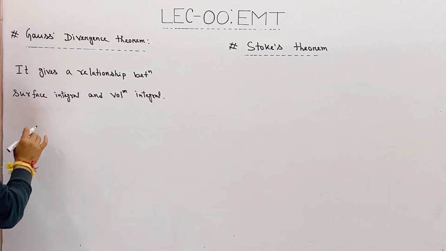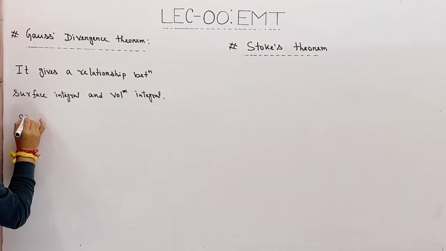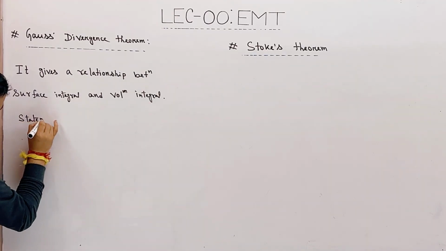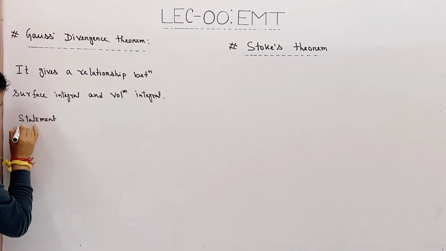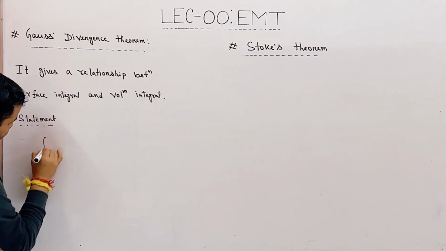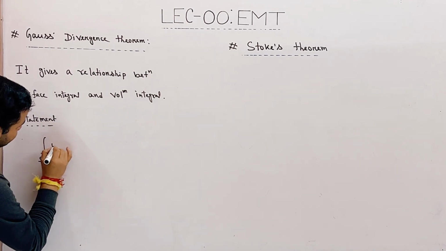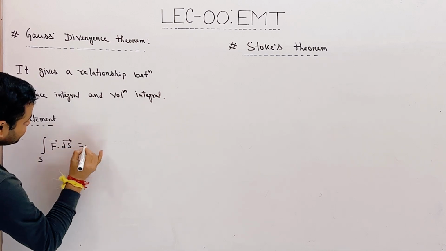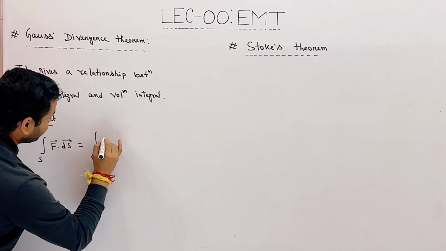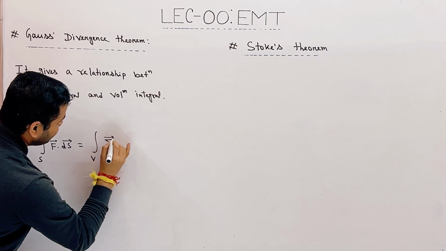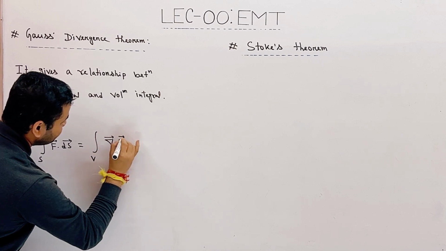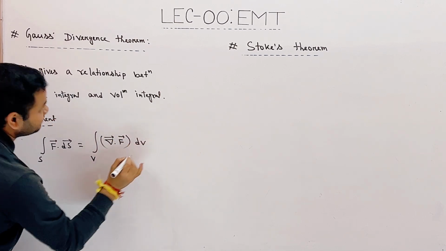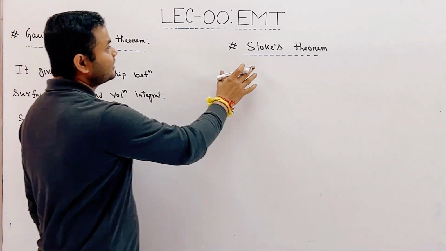And according to this theorem, surface integration of F dot dS is equal to volume integration of divergence of F dV. Next one is Stokes theorem.